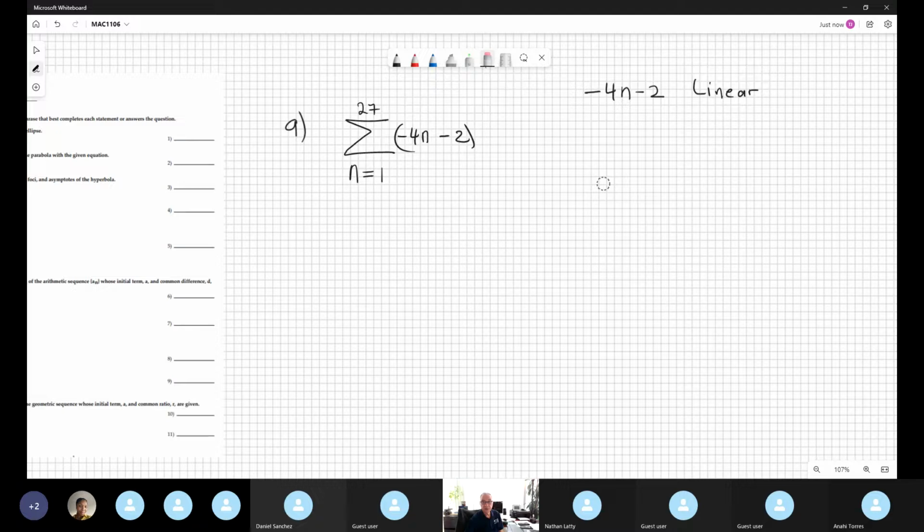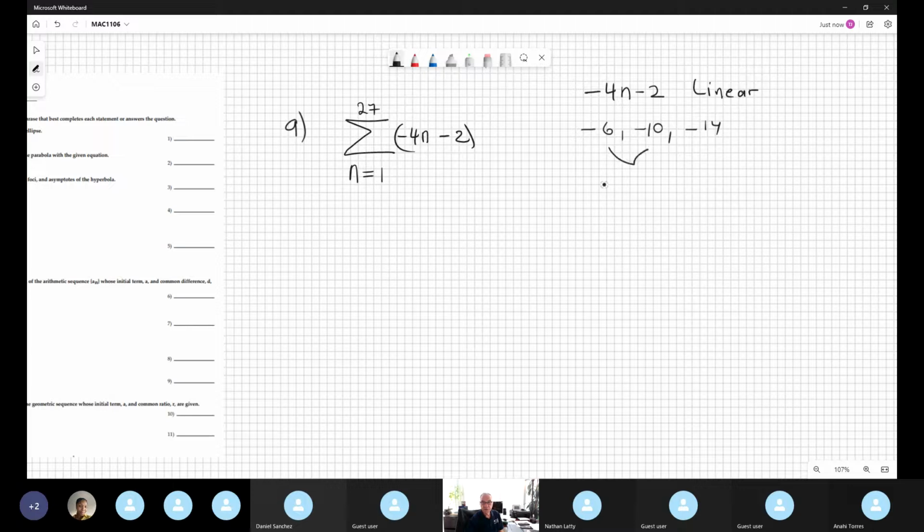So we can generate, for example, for n equal 1, negative 4 minus 2 is negative 6, no? Comma, for n equal 2, negative 8 minus 2 is negative 10. For n equal 3, negative 12 minus 2 is negative 14.